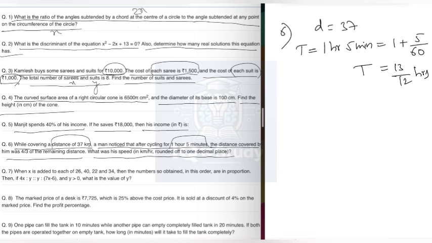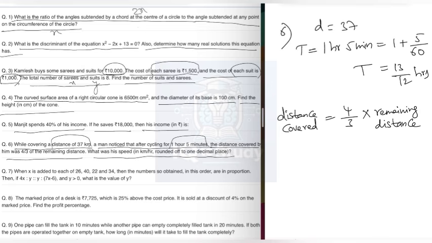In the question, the distance covered by him was 4 by third of the remaining distance. Distance covered, which is equal to 4 by third of remaining distance.